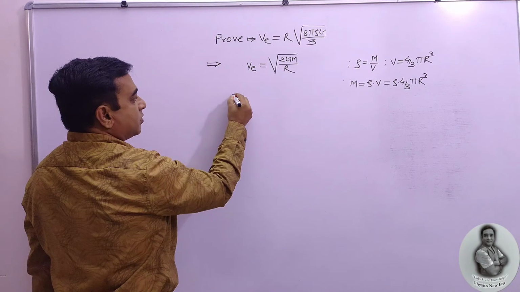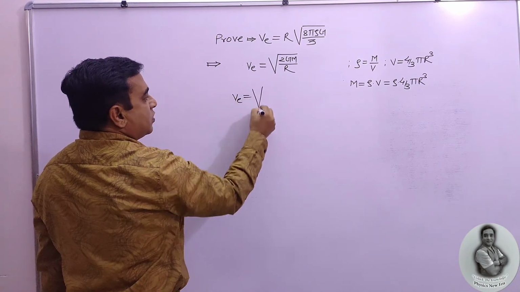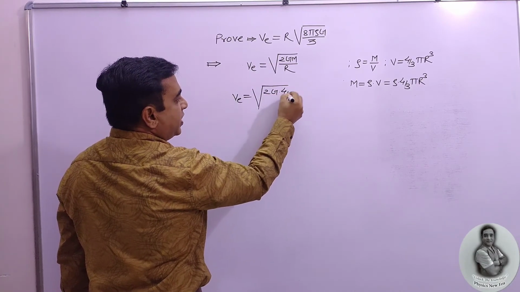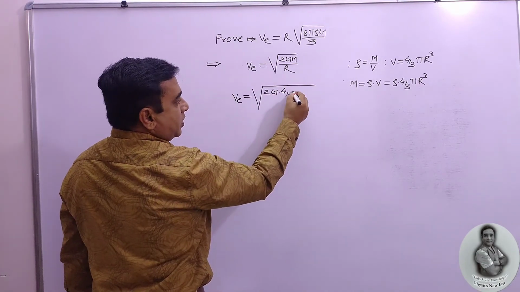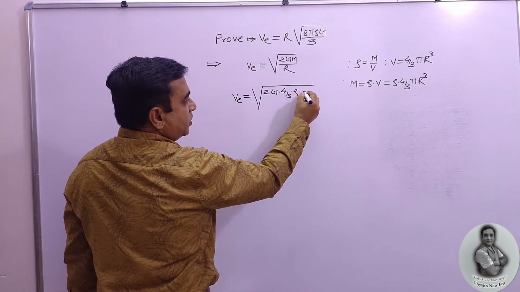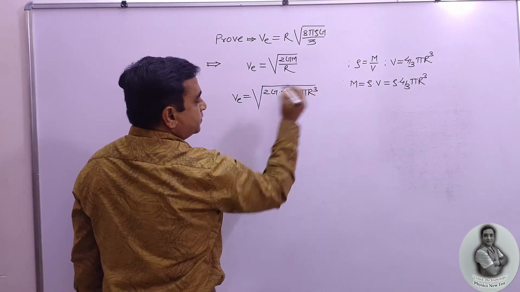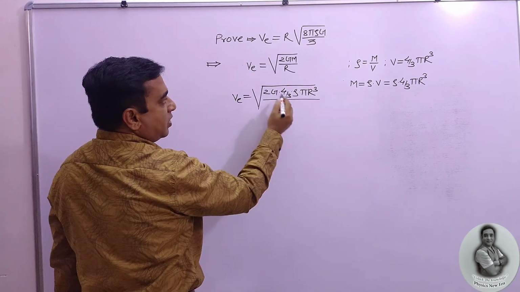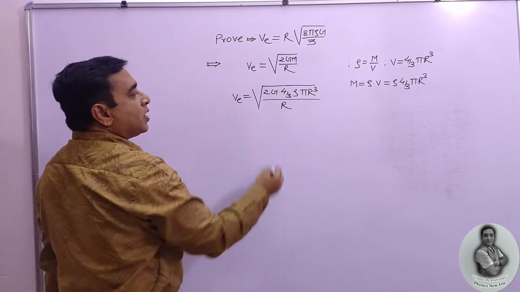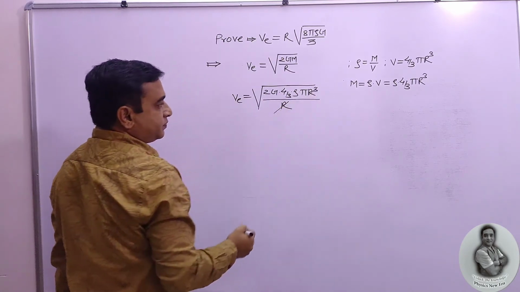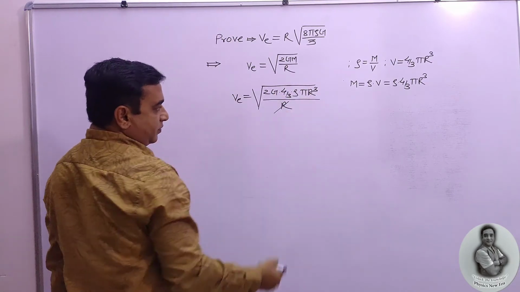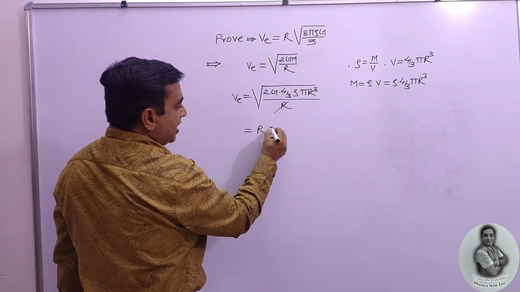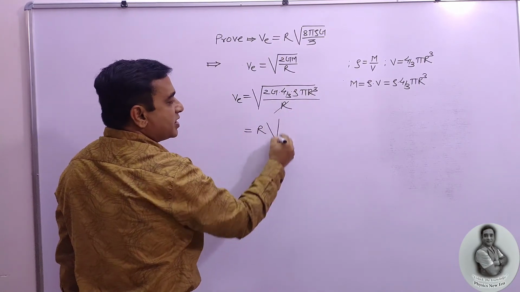Substitute in this equation. Ve is equal to under root of 2G into 4 by 3 rho into pi R cube upon R. So one of these R gets cancelled, and R square remains. R is taken outside the square root because it is R square.